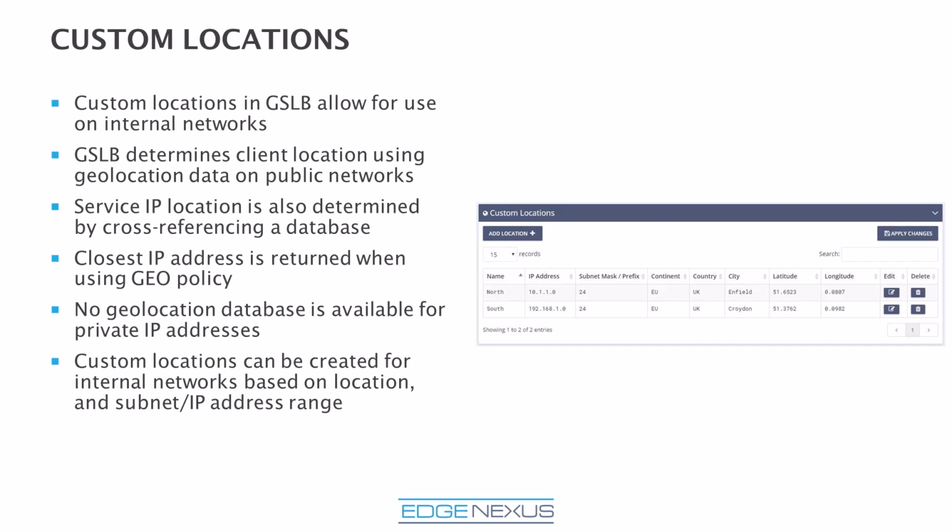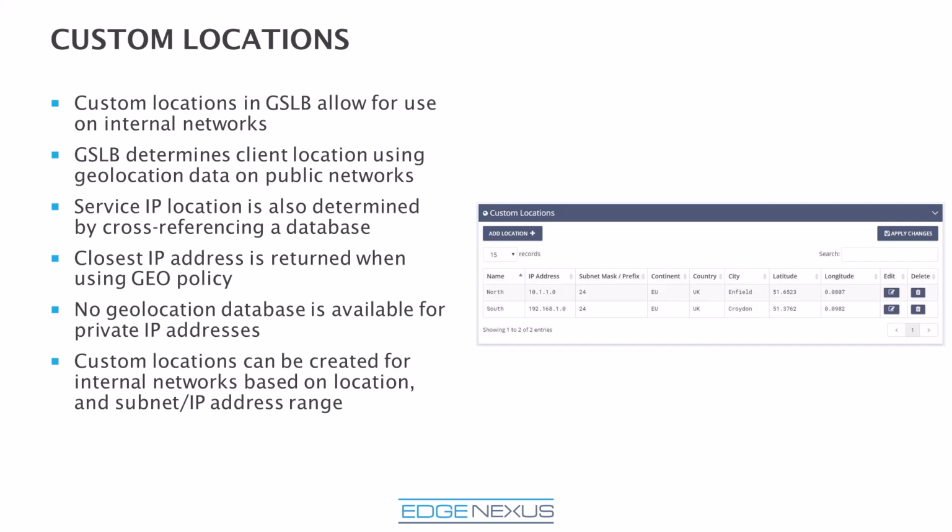However, on internal networks that use private IP addresses conforming to RFC 1918 for IPv4 addresses, and RFC 4193 for IPv6 addresses, there is no such database available. Therefore, the custom locations function in GSLB allows organizations to manually specify the location of clients and service IP addresses on the internal network.